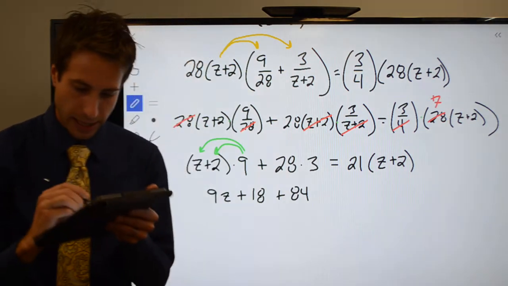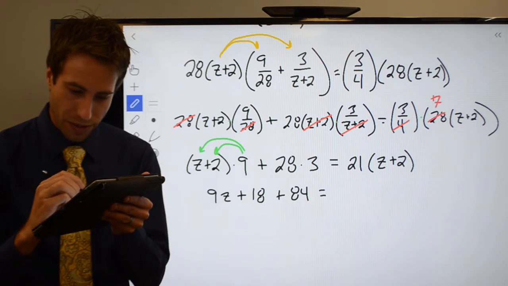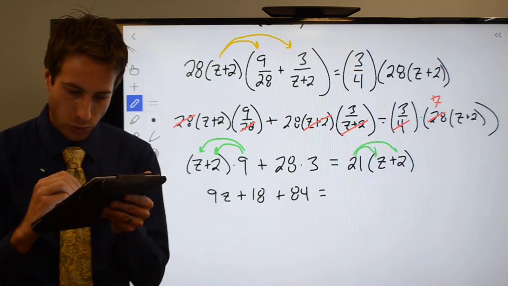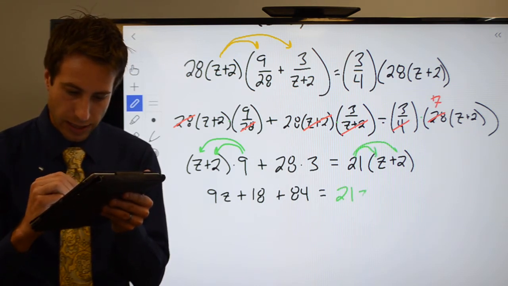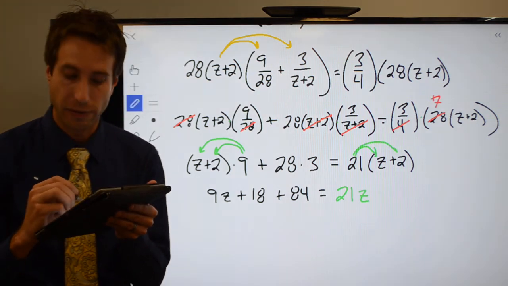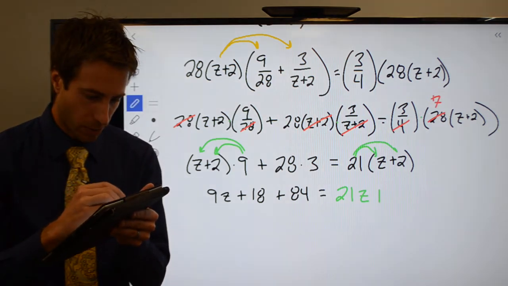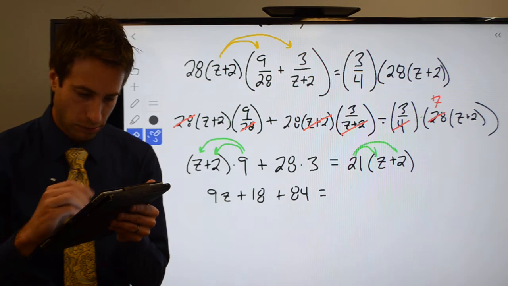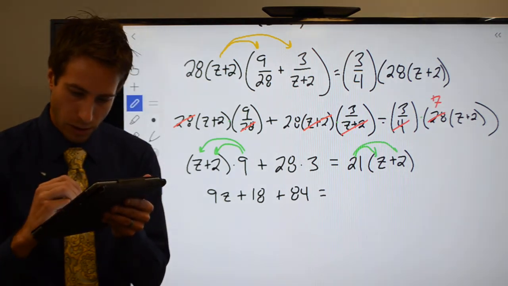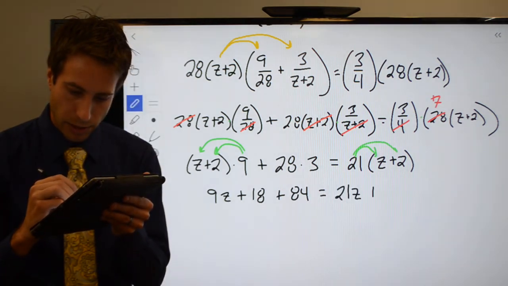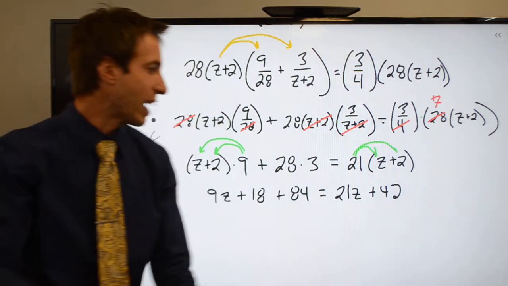Put that right over there, we might need it again. And then also on this side, distribute that 21. So I have 21z, and of course 21 times 2 would be 42. 21z plus 42.